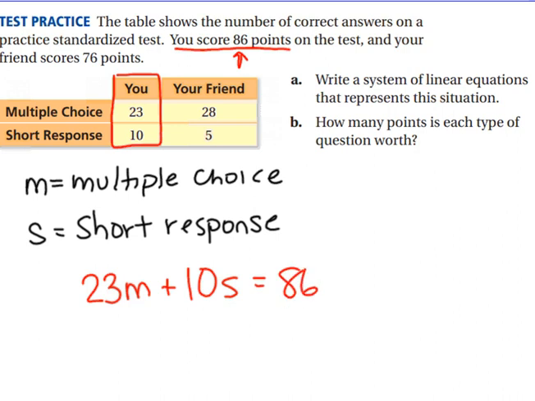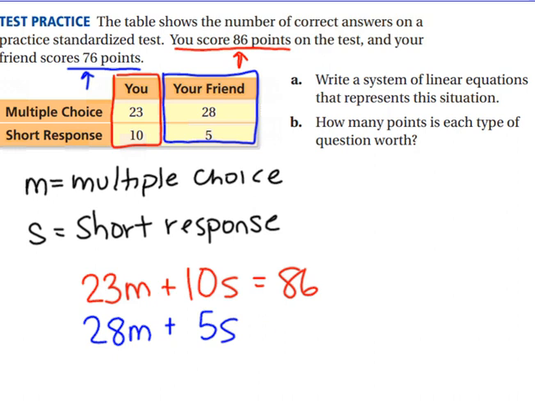Okay, next equation will be for your friend, and your friend scored 76 points. So this time we will have 28m plus 5s equals the total of 76 points.